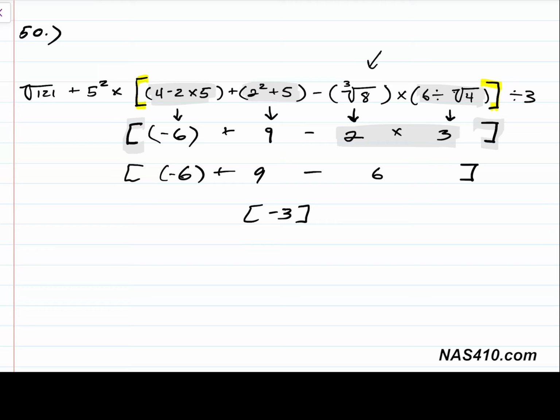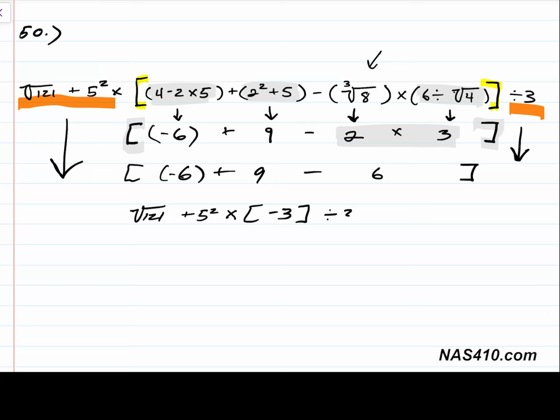Now I'm going to drop the rest back down and rewrite my equation. I have the square root of 121 plus 5 squared times -3 divided by 3.